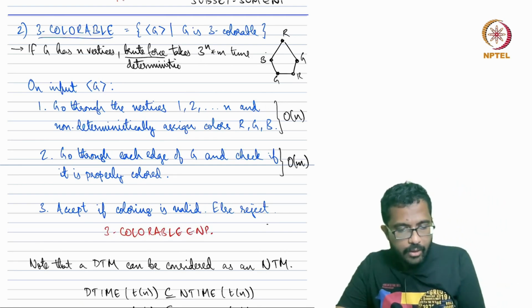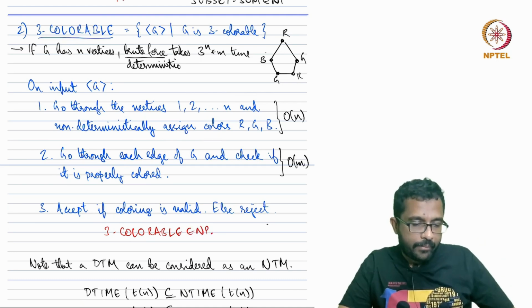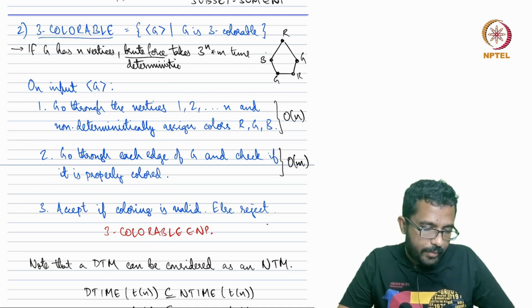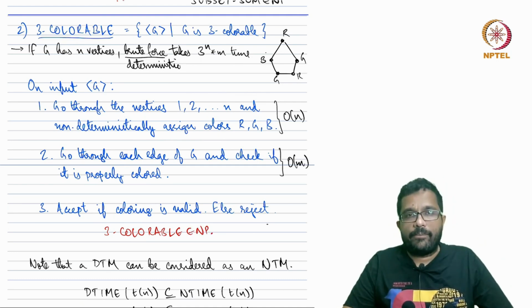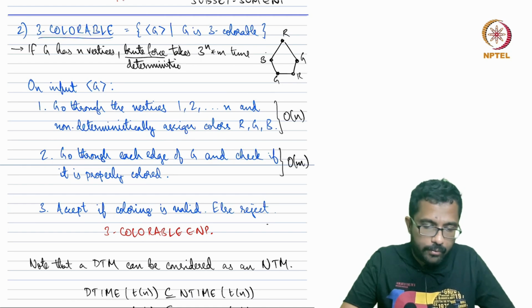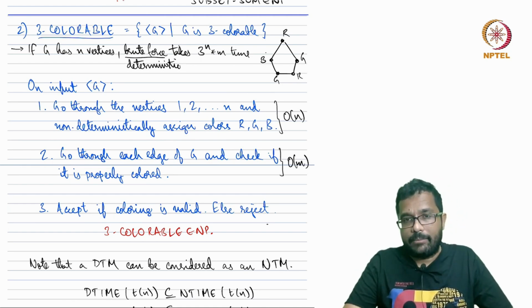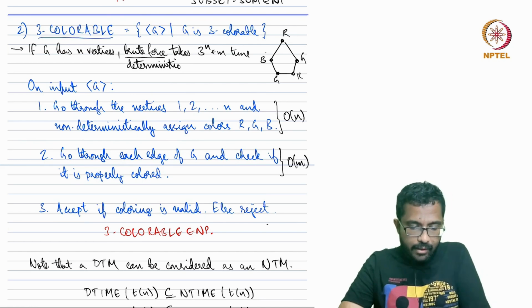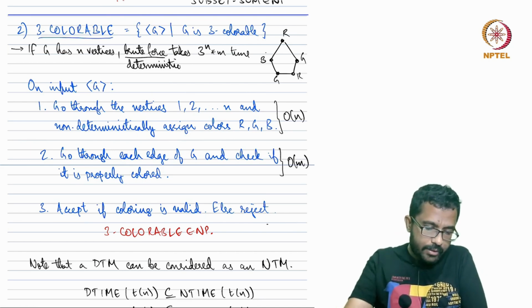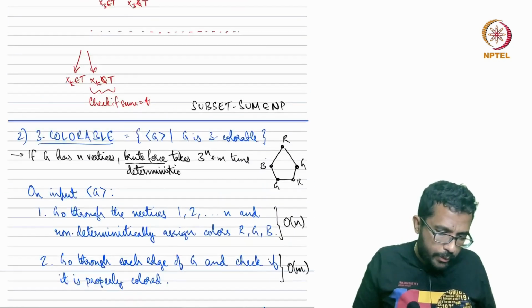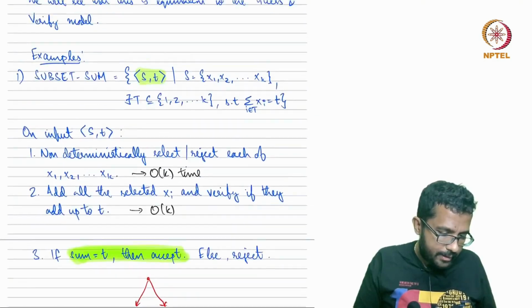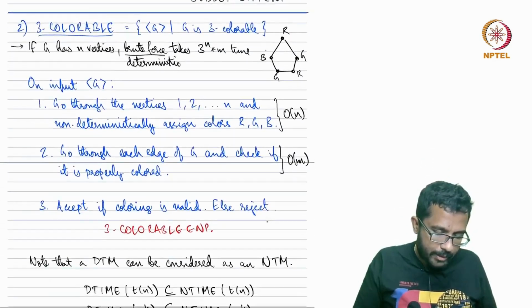Because we can do it in this much time, whereas the brute force takes exponential time. So this is yet another instance of a problem where the non-determinism really seemed to help. Now we saw two examples: one is subset sum and another one is 3 colorability.